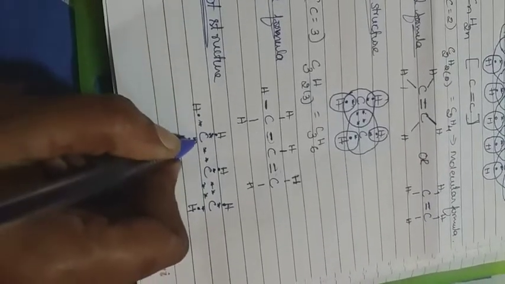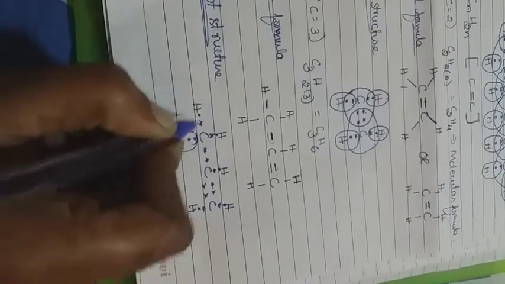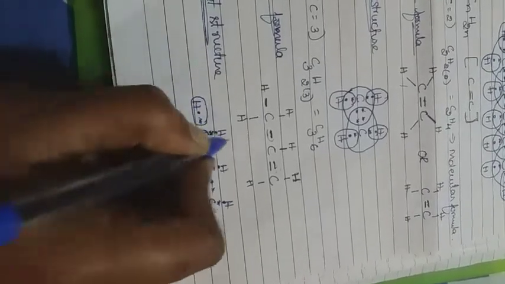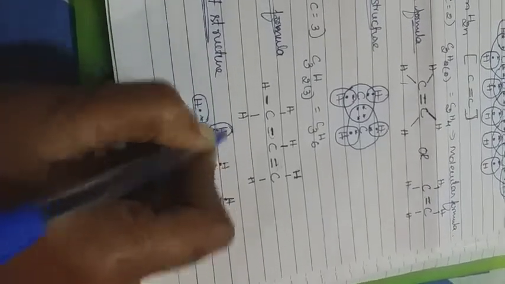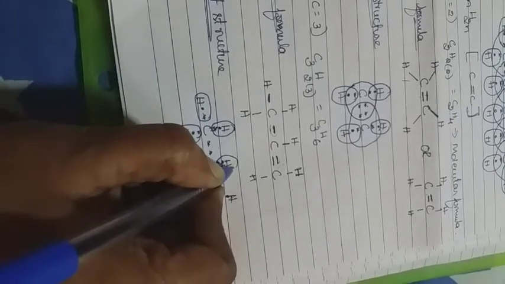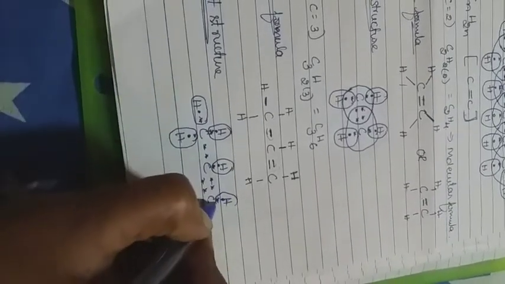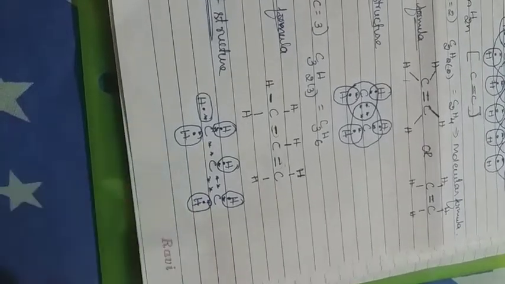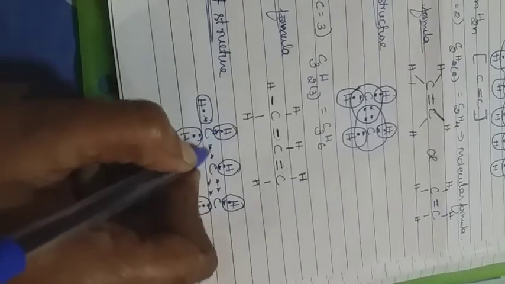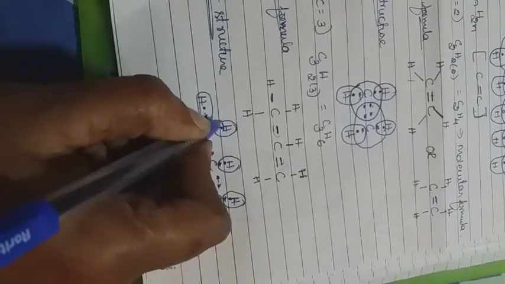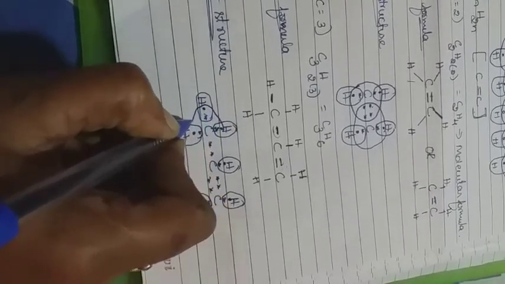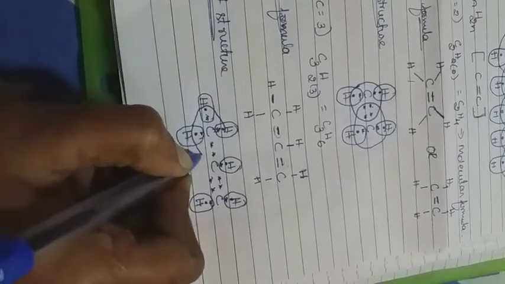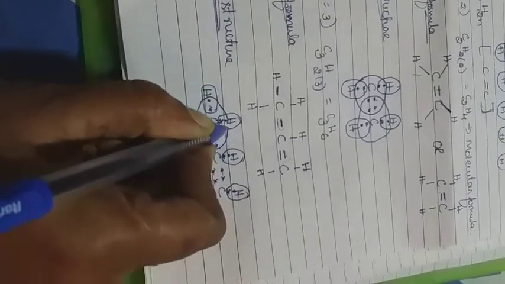First you have to circle around the hydrogen. This hydrogen is paired with 1 carbon electron and its 1 dot electron, like that. Okay, so the hydrogen is completed. Let us circle around the carbon. So carbon is also paired with 3 hydrogens and 1 carbon electron here, right?